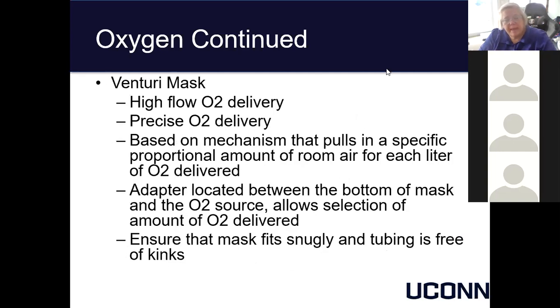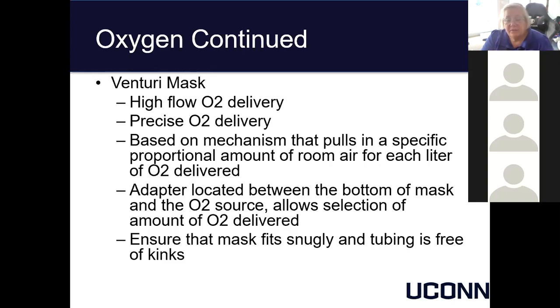The Venturi mask does not have a reservoir bag, but I've talked about this before. When you open a Venturi set, it comes with different colored plastic valves, and each valve has the percentage marked on it. So you have to look at your order, 27%, 40%, 60%, and put the correct valve in to get the right percentage of oxygen.